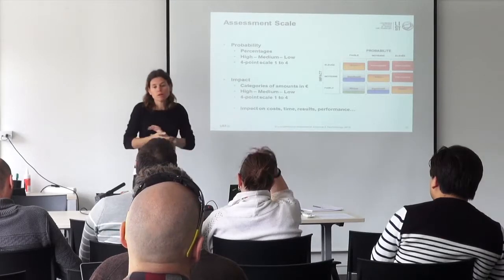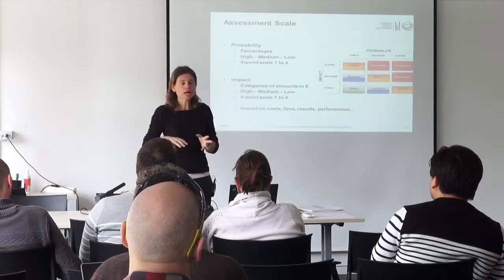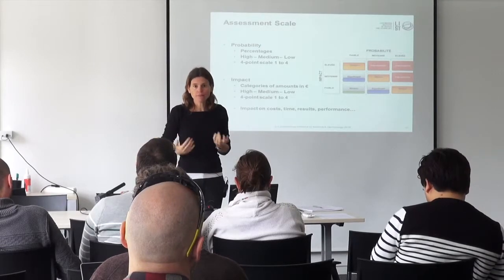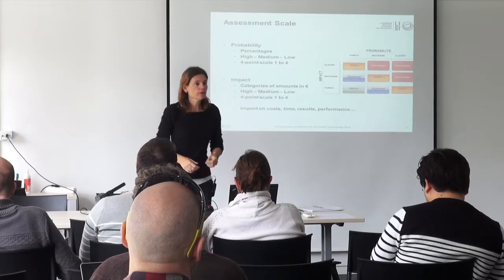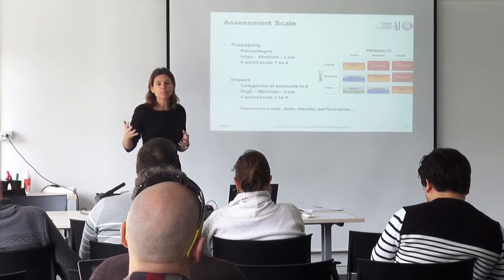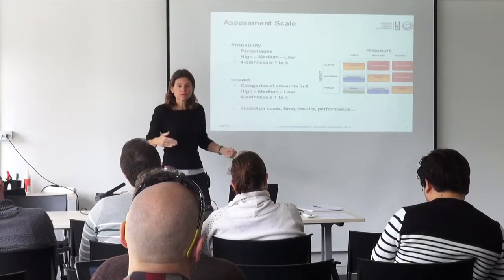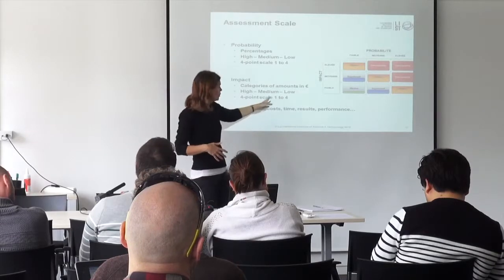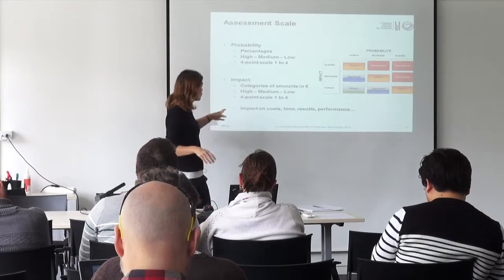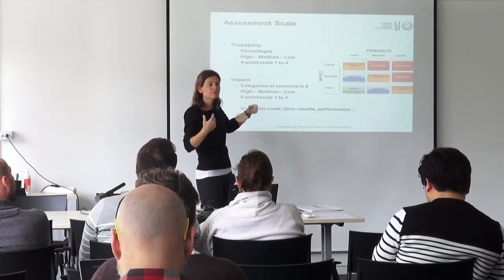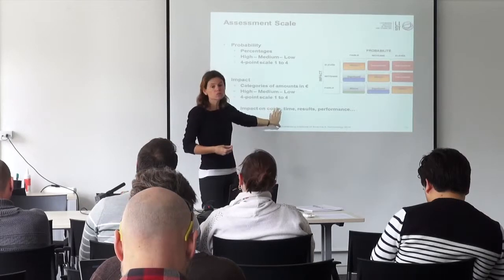For impact, you can either measure an overall impact of that risk for that project, saying that risk has a high impact, so it's 4, or that other risk has a low impact, so it's only 1. Or you can do something far more detailed, and try to imagine, okay, what is the level of impact of that risk related to costs?